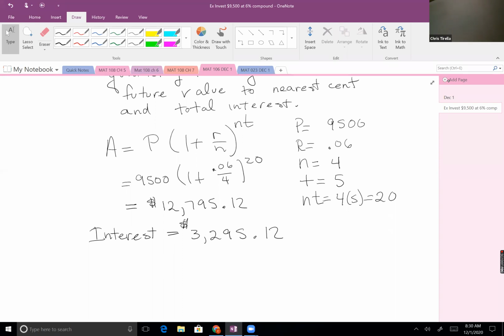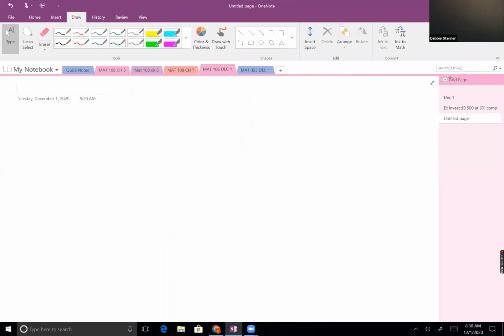Well, why stop there? Maybe the next guy does every hour. And maybe the next guy does every minute. And then maybe the next guy does every second. And can you picture trying to count the number of seconds? So instead we get to an idea that's called compounding continuously.